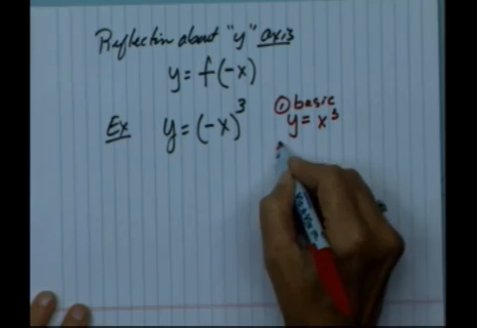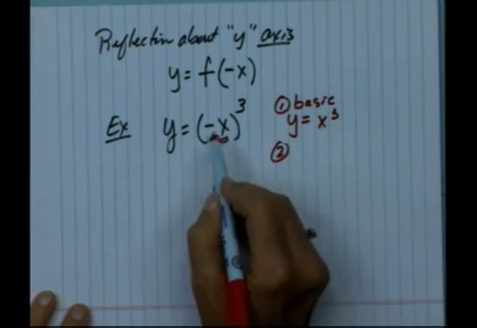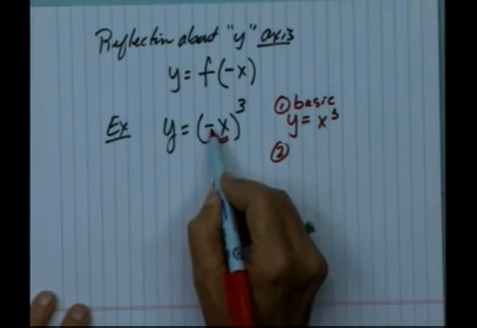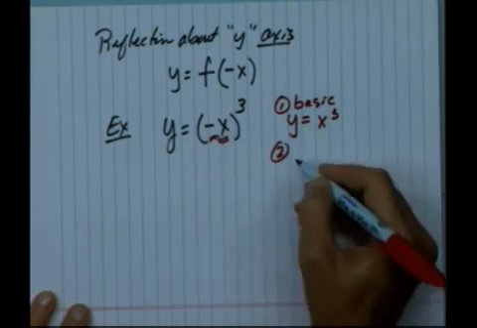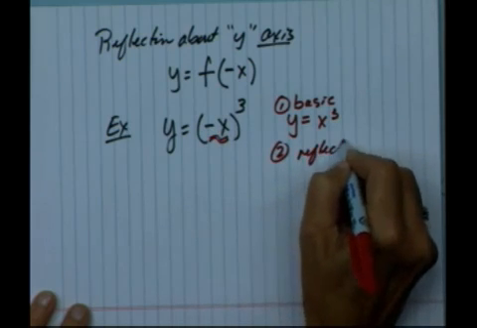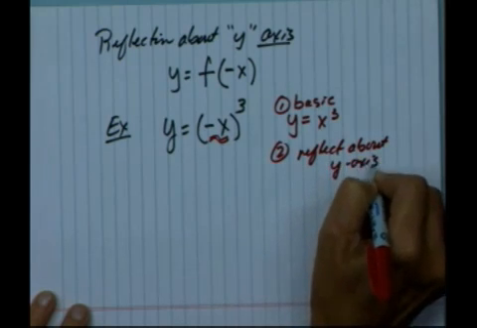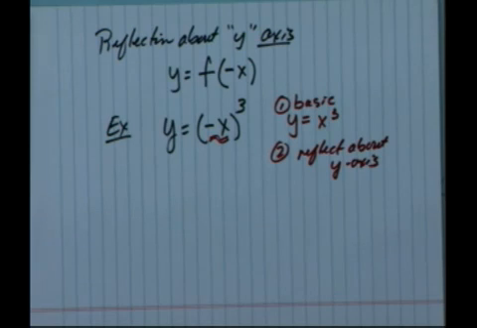Then, because the domain here, we're flipping the x values in our domain, that's in our domain part. We're going to reflect about the y-axis. Okay? So here we go.